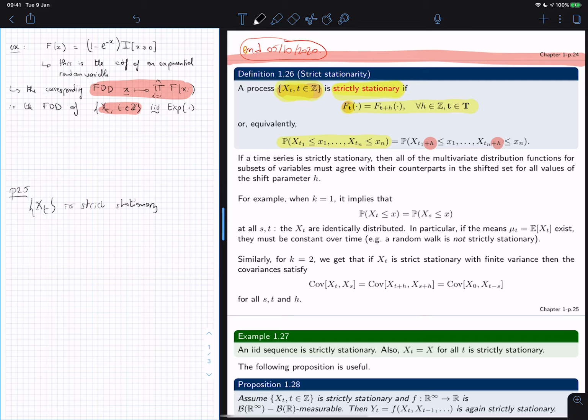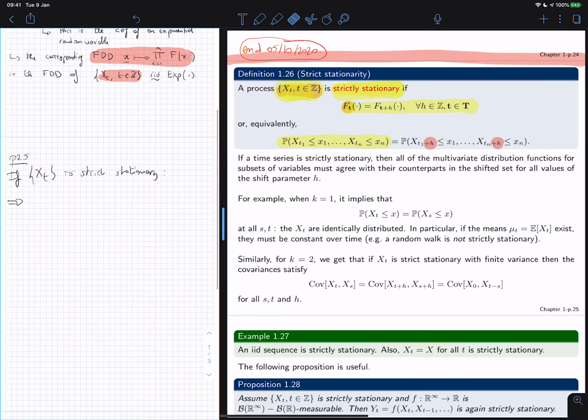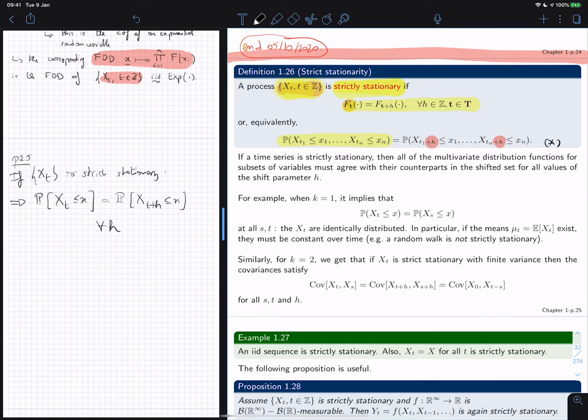It tells you, first of all, that the marginals do not depend on time.